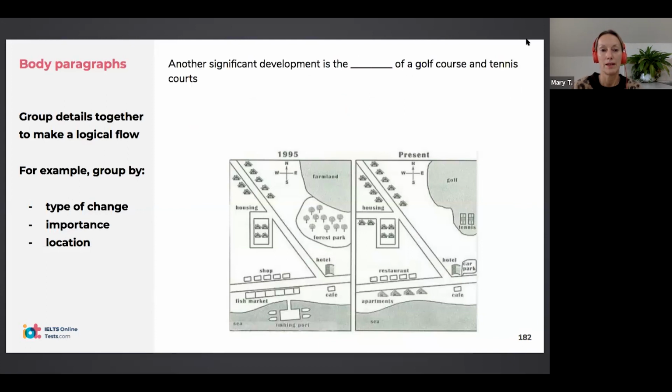And then another development, so another significant development is the, this is a new addition. Yeah, so you could say the addition, that's right. It's not renovation because it's not fixing something, it's actually adding something. So the creation of a golf course and tennis courts.